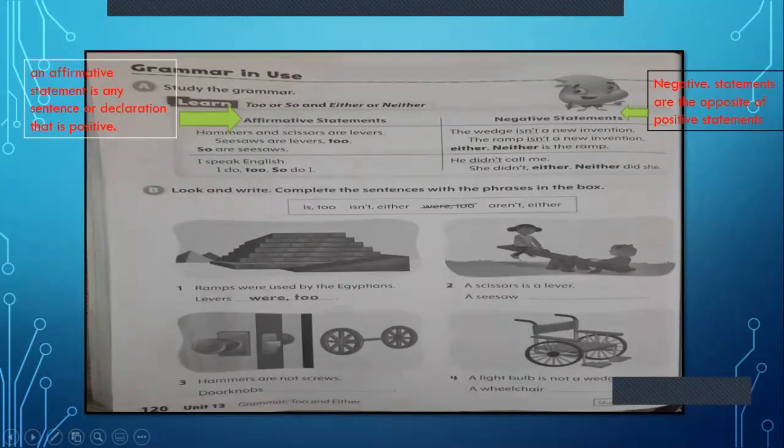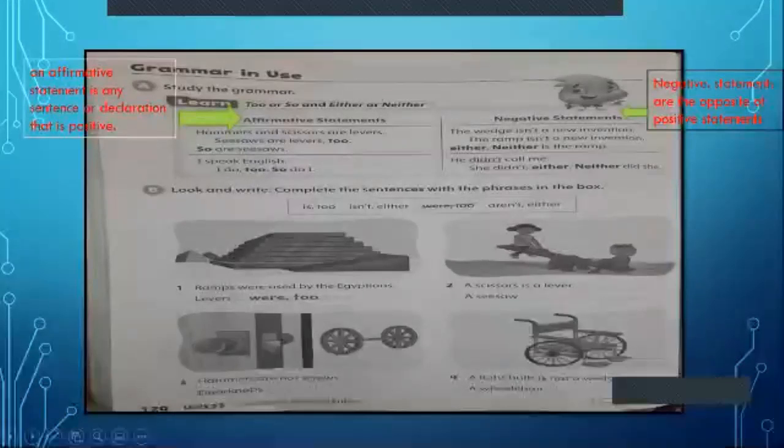I speak English. I do too. But when we use so, we would say, so do I. The subject will come at the end and so will come in the middle of the two sentences. It's the same with the negative statements. The wedge isn't a new invention, the ramp isn't a new invention.